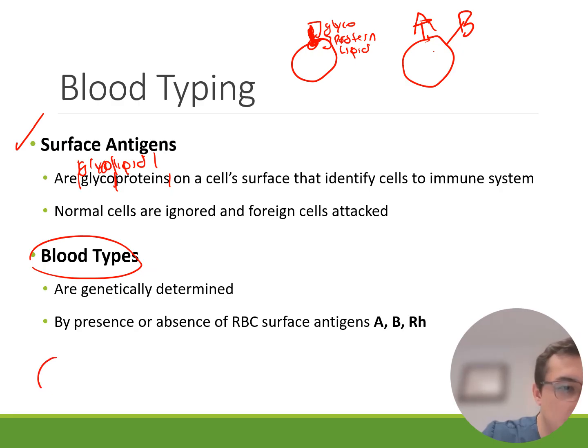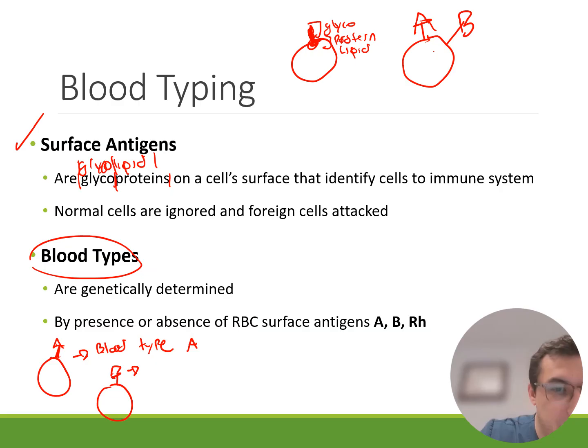If you have a cell with an antigen that is A, you will have blood type A. If you have a cell that has the antigen B, you have blood type B. If your red blood cell has A and B, you will have blood type AB.